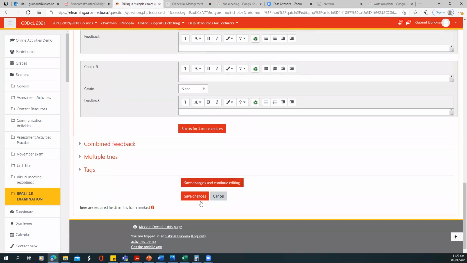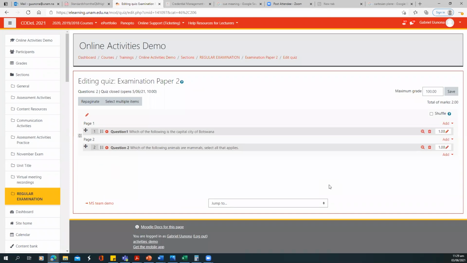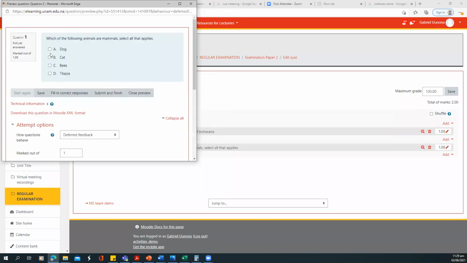Okay. And then we have it. Then we save. So if you preview this question, the student will have a chance to select. You need to indicate select. You can also say select all that apply, which is very open. It doesn't give a clue, but you can also make this question more specific by saying select 2 that apply.